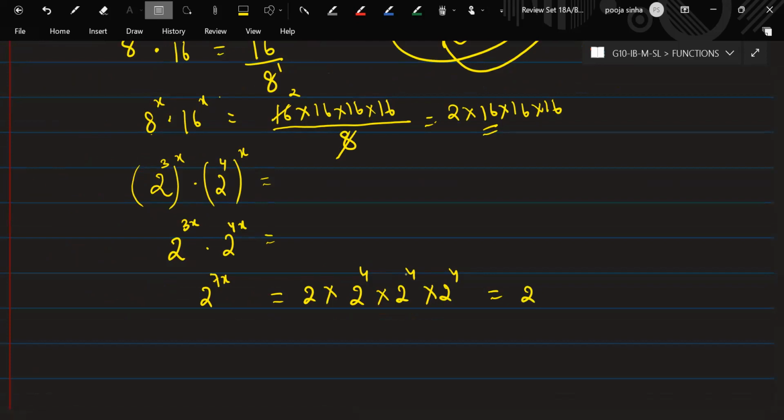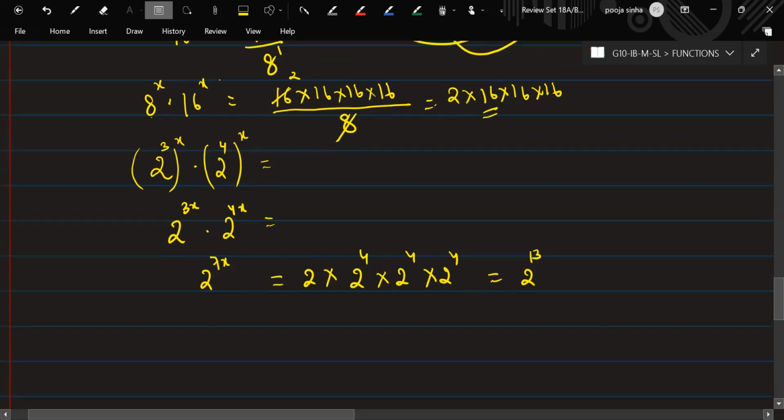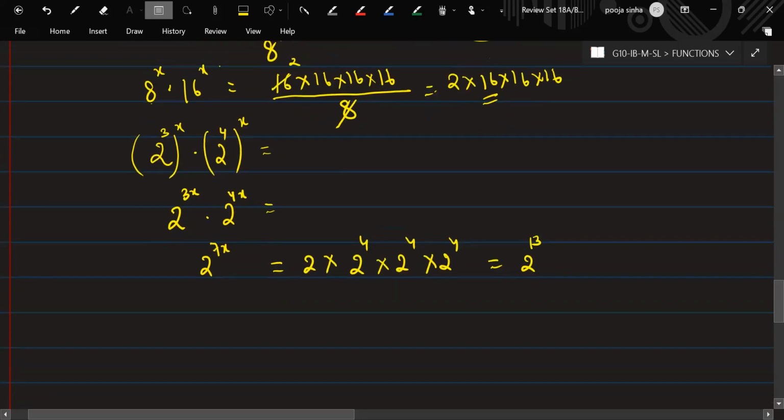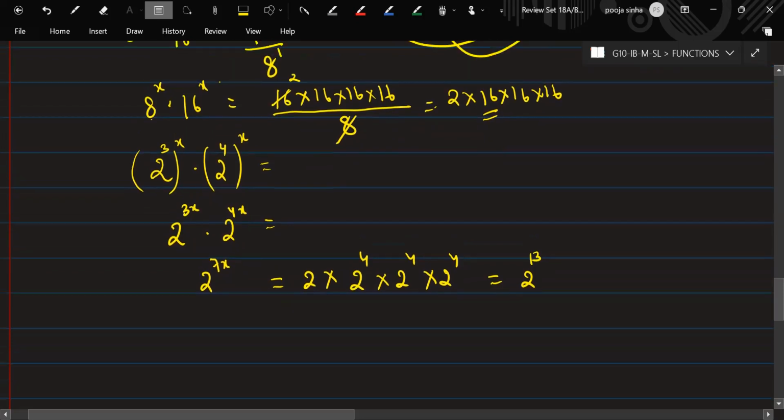My aim is to make bases on both sides the same, left hand side also and right hand side also. So here you have 2 raised to 13. हाँ, 2 raised to power 13. और इधर क्या है? 2 raised to the power of 7, so 7x.